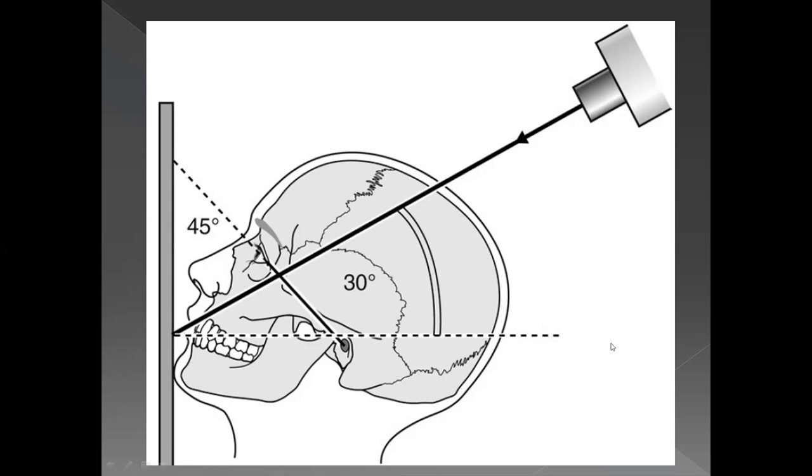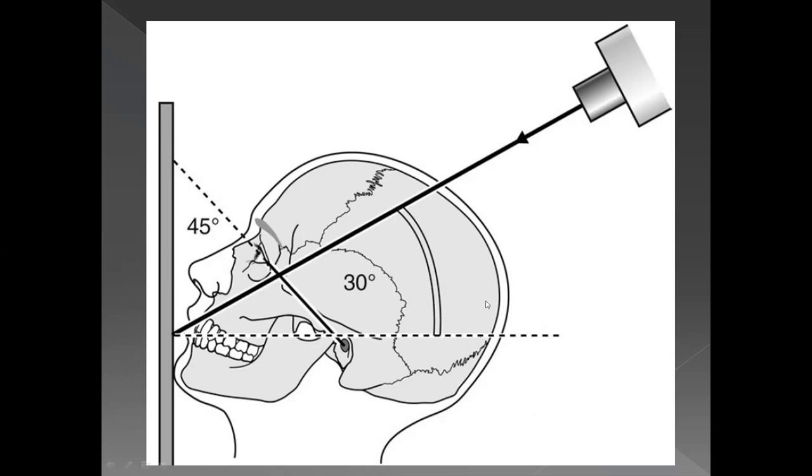In the first one, in the 0-degree one, the X-ray beam was over here, so it was making no angle with this line. When it was making no angle with this line, that's why it was called a 0-degree view. But now that you've taken the X-ray tube upwards by almost 30 degrees, this is called a 30-degree OM view.